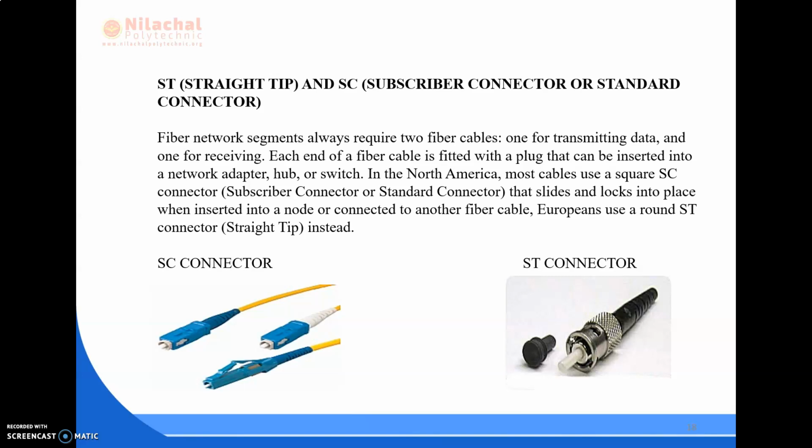Europeans use a round ST connector, or straight tip, instead of the SC connector. Here we can see two diagrams of these connectors. One is the square SC connector and the other is the round ST connector.